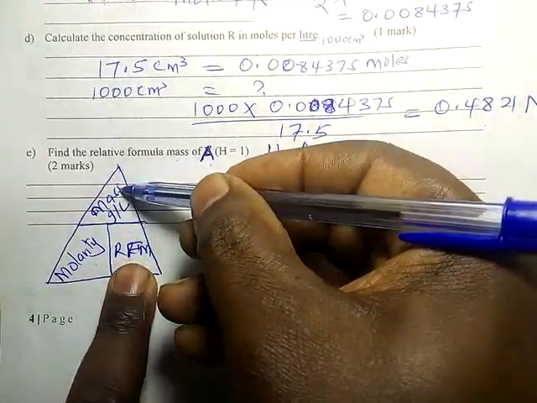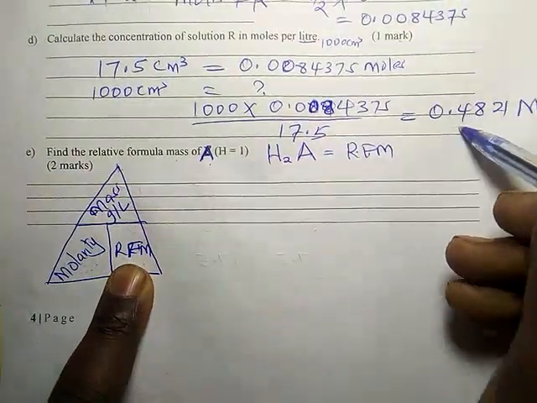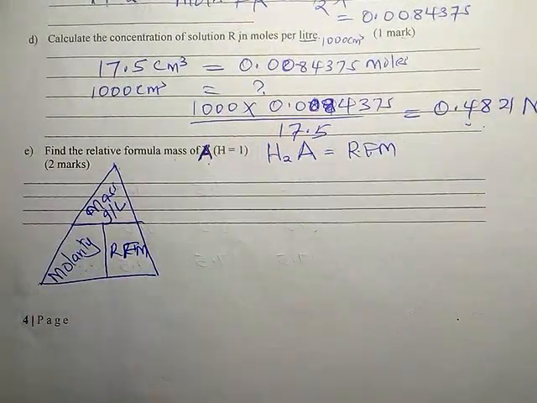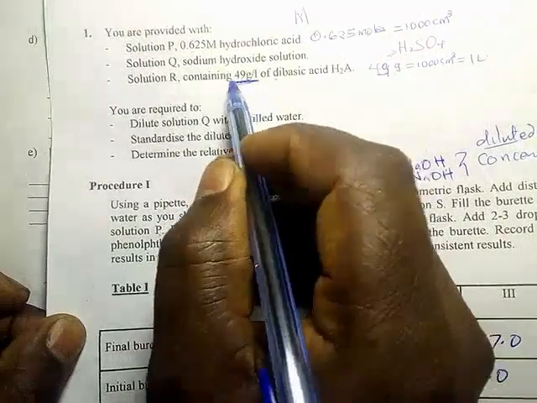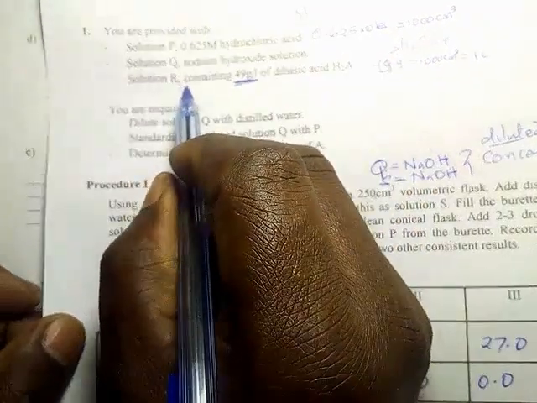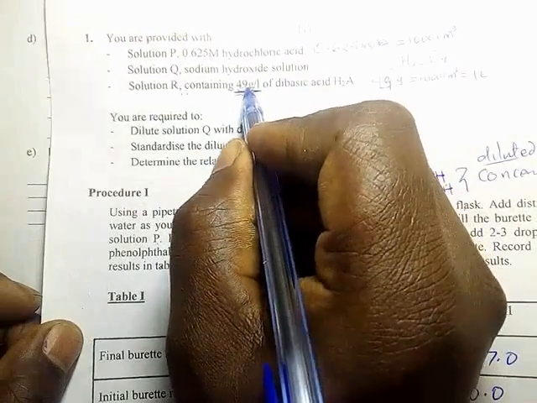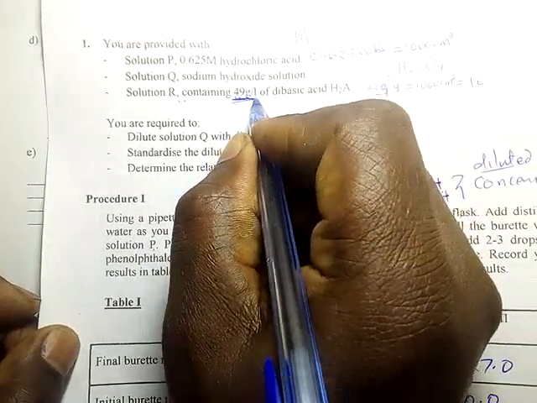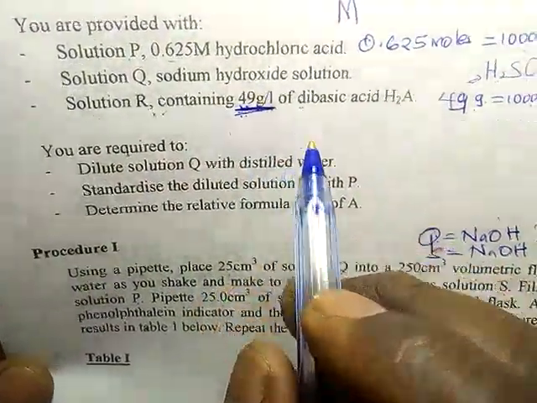RFM is equal to mass in grams per liter divided by molarity. Molarity niko nayo ndio hii ya R. Sawa? Alafu kumbuka hapa, lazima ukumbuke hii. Tulikuwa tumepewa kwamba R ilitengenezwa kwa kudissolve 49 grams in 1 liter. Hiyo ndio inaitwa mass in grams per liter kwa hii formula.